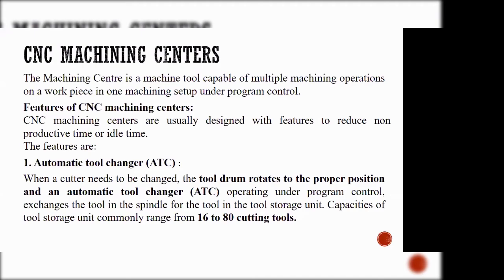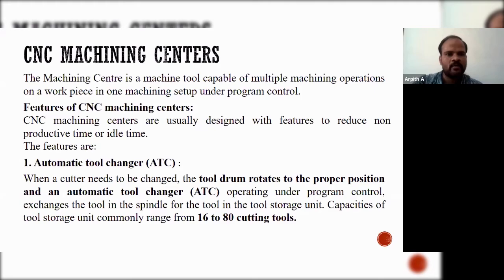Thank you. Okay. Now let us look into the CNC machining center. I just want to recollect your understanding. In most cases, if you take the example of a lathe, the workpiece is rotating like this, and you have to bring the tool here and perform the operation.